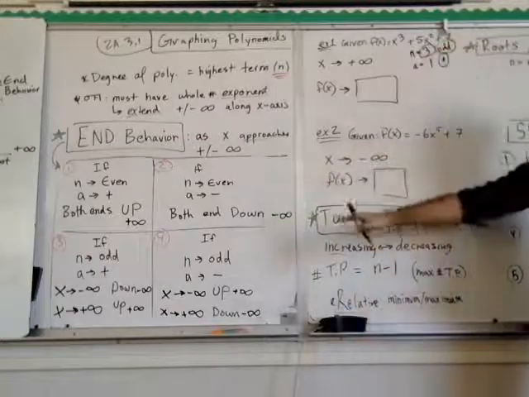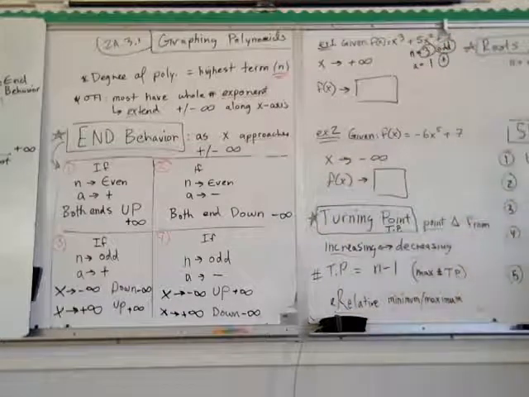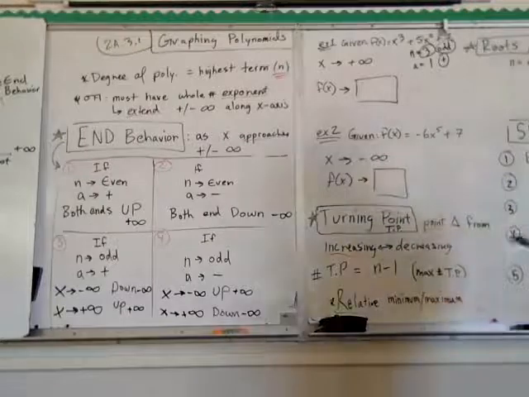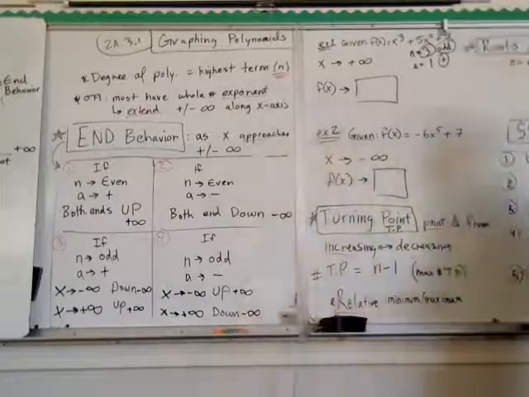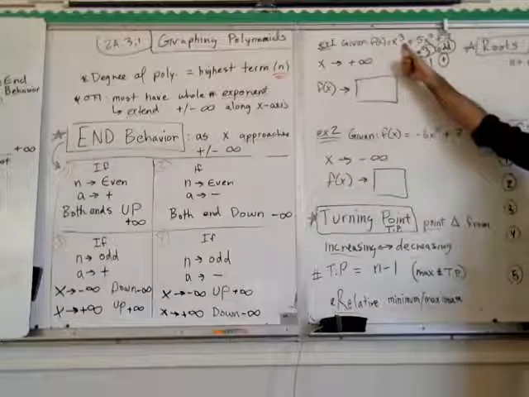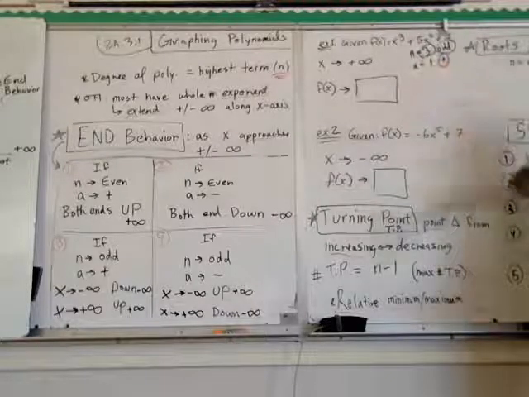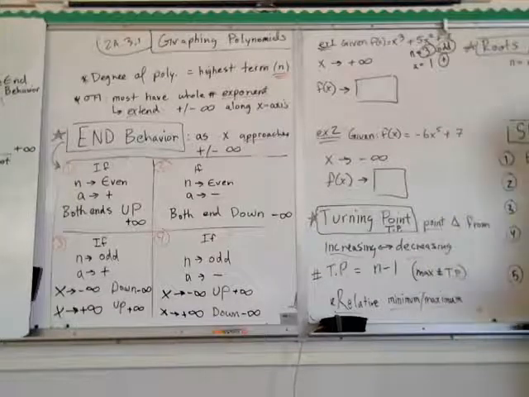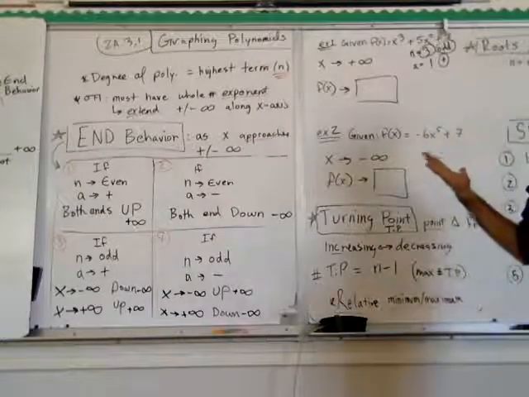Just with your neighbor, 5 seconds, which of those boxes applies to example number 1? Is it box 1, 2, 3, or 4? Got it? Exponent 3, odd. Okay, which box?